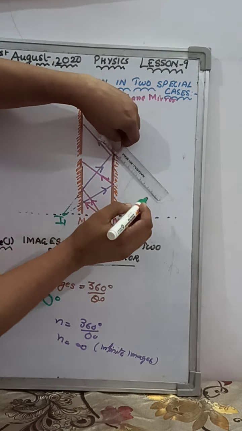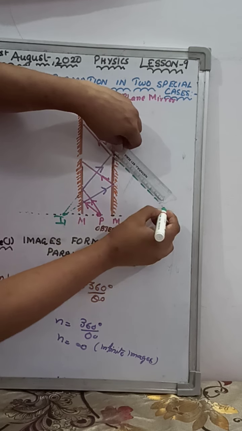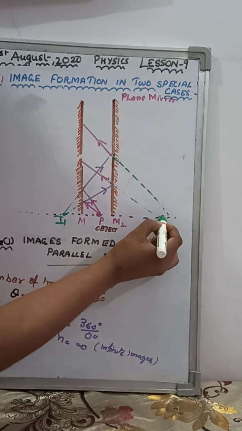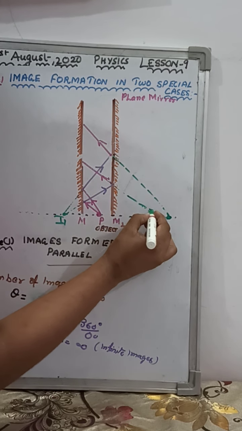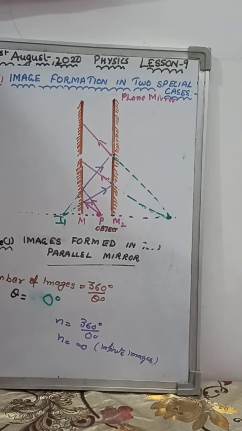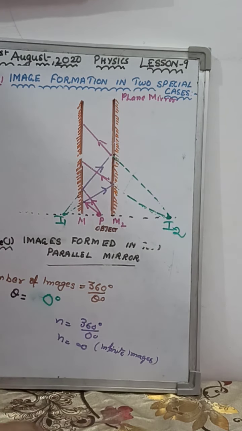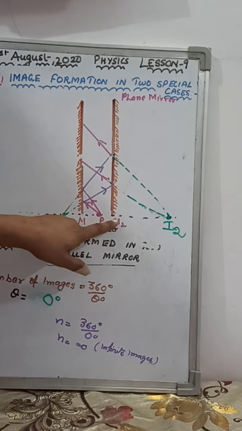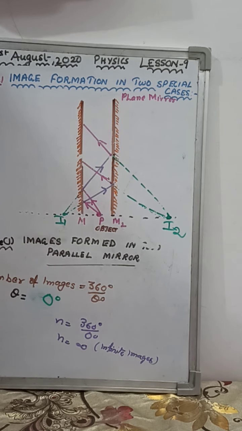If you produce them behind the mirror, they appear to meet over here. You will draw this imaginary line as a dotted line. So this is your I2, the second image. Now the reflected ray produced by the M1 mirror will be the incident ray for M.